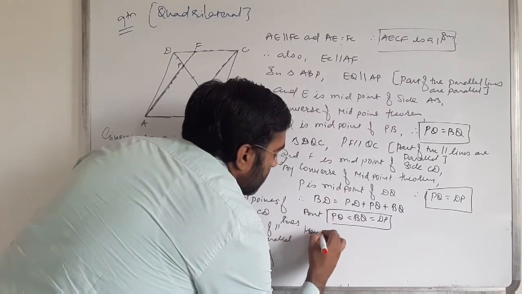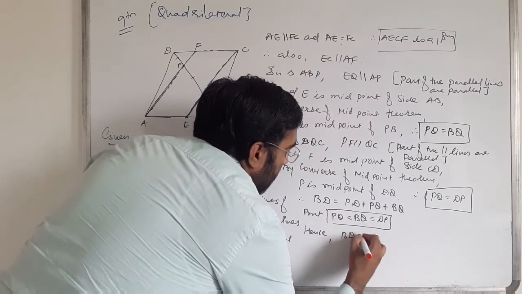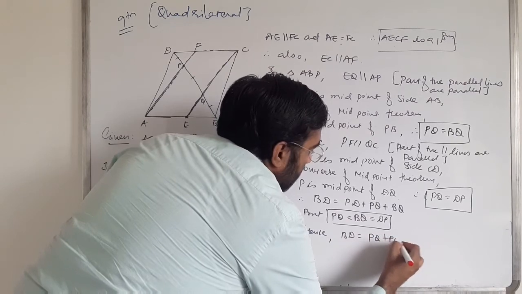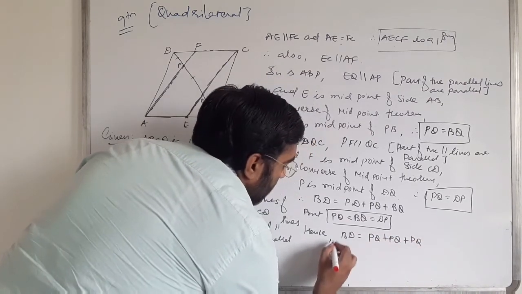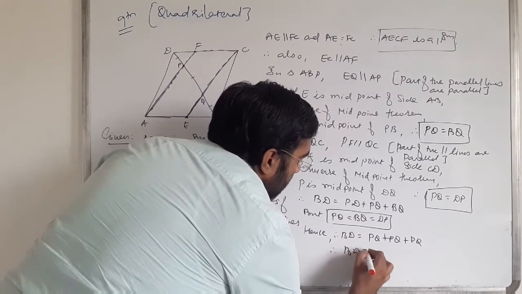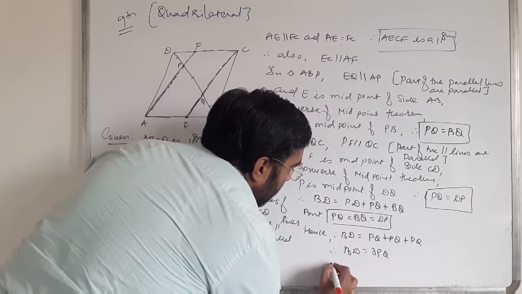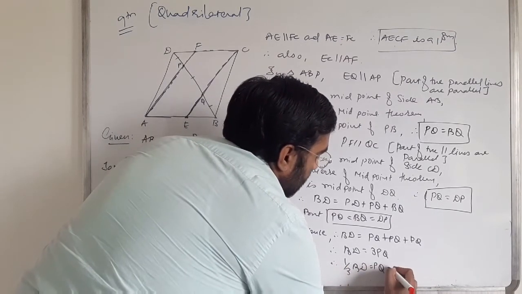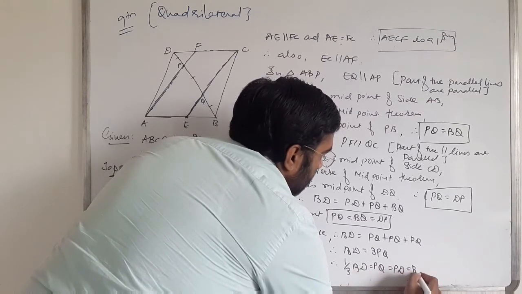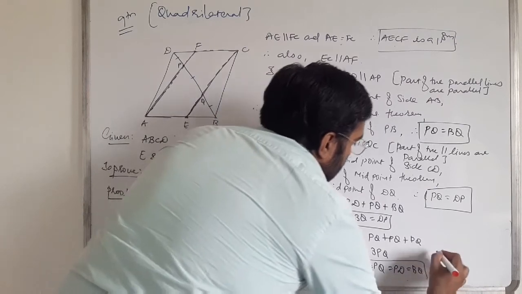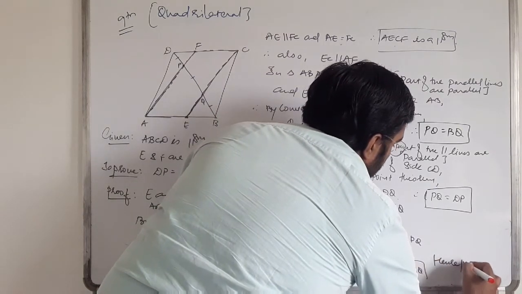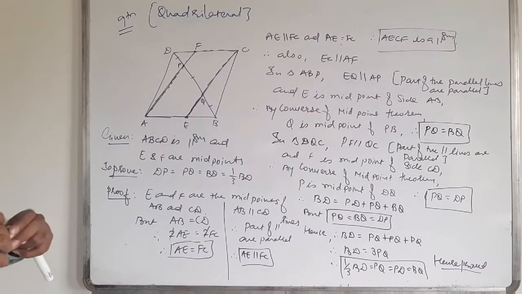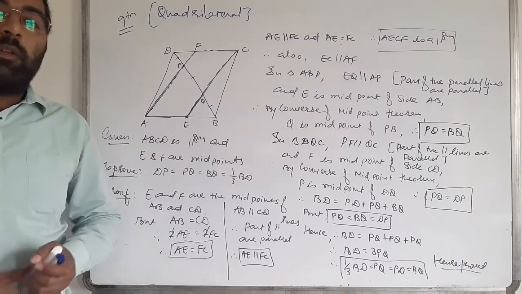Hence BD equal to PQ plus PQ plus PQ. Therefore BD equal to 3 times PQ. Therefore 1/3 BD is equal to PQ is equal to PD is equal to BQ. Okay, hence proved. Clear that? Please note down this.